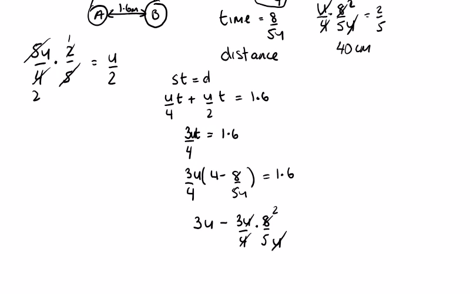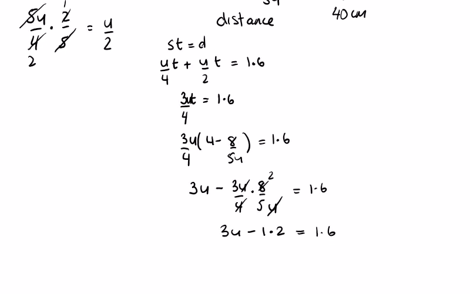So 3u minus 1.2, 6 over 5, is equal to 1.6. So 3u is equal to 2.8. So u is going to be 3 into 2.8, which is 0.9, and then 3 repeating. So u is 0.933 meters per second.